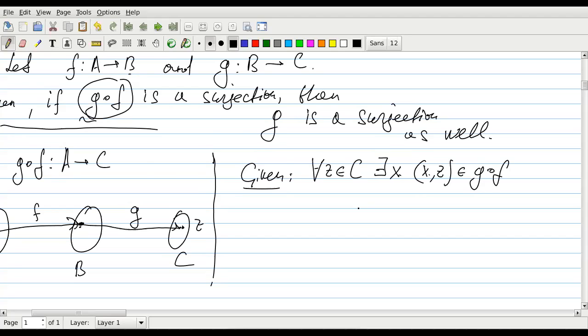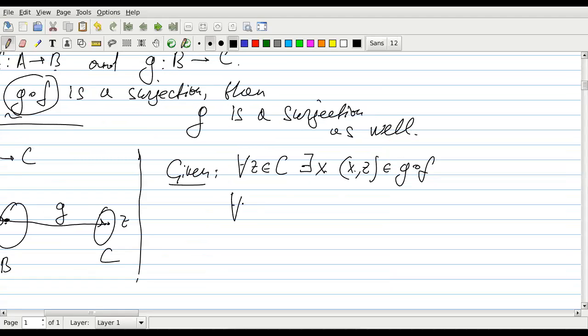Yes, it's clear. So what can I do here? Can we, for example, unfold this symbol? What does it mean that x, z belongs to the composition?